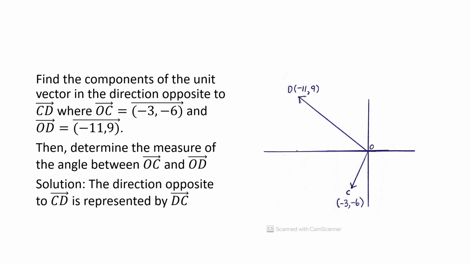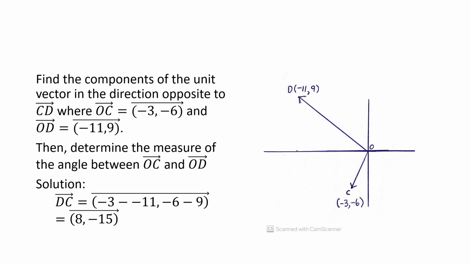Now, the direction opposite to CD will be the same as the direction DC. So we're going to draw in the vector DC, and we're going to determine the vector represented by DC. Well, DC will just be -3 minus -11, which is 8, comma, -6 minus 9, which is -15.